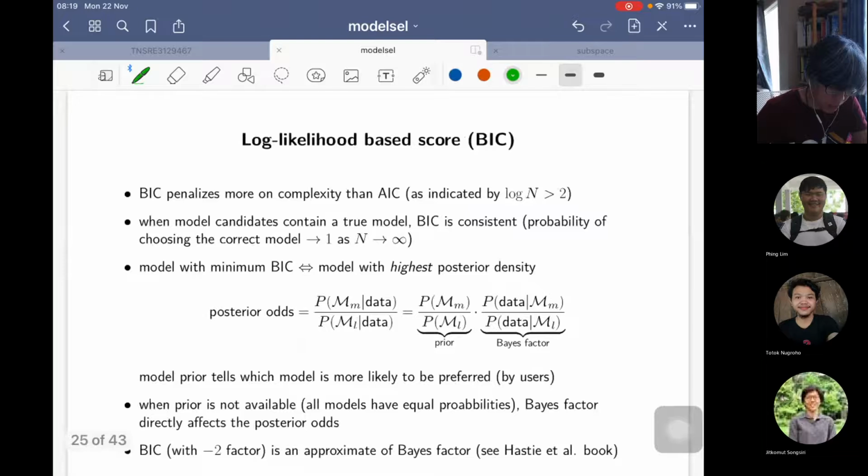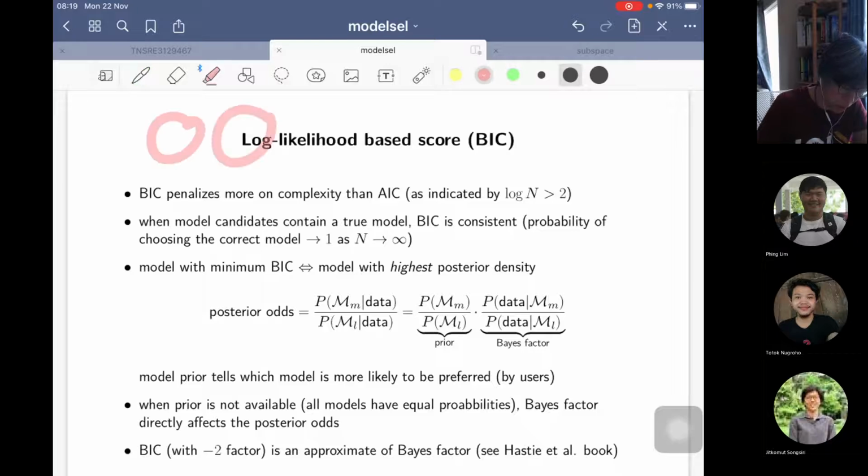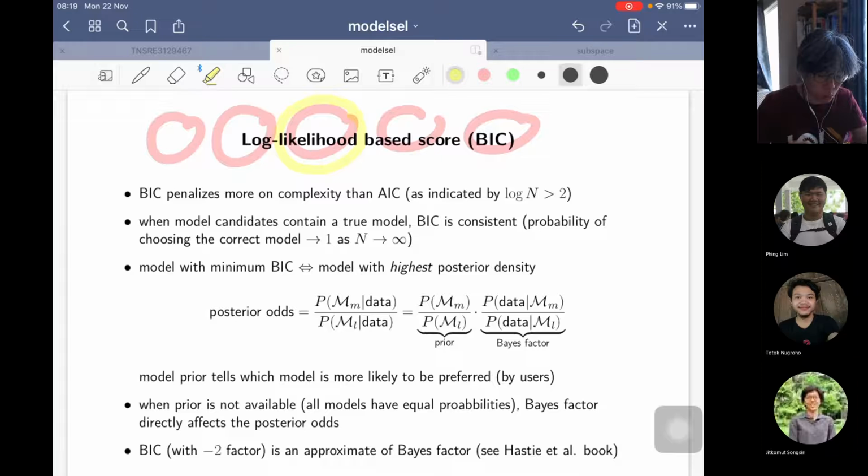The BIC has a nice property about asymptotic behavior. The original paper on the Bayesian information criterion says: suppose you have a set of candidate models, and suppose the true model is one of them, one in the catalog for you to choose.